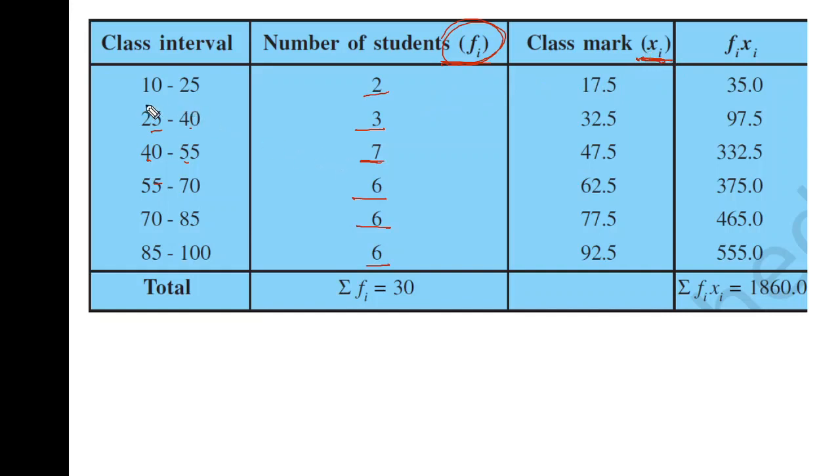Here you can see these data are in class intervals, so we have to find a class mark. So how can we find a class mark? Here you have a lower limit of 10 and an upper limit of 25.